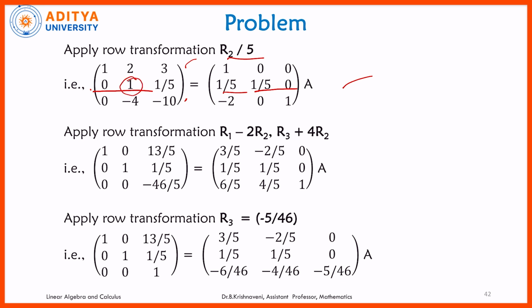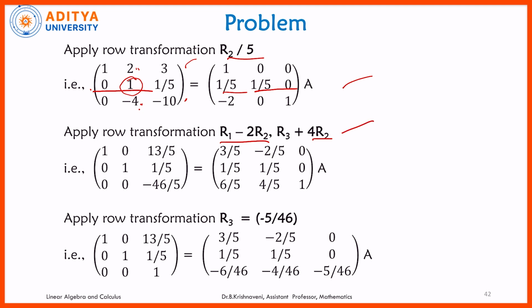So now fix this and make the element above as well as the elements below zeros using row operations. For that, what operations shall we use? R1 as R1 minus 2R2 and R3 as R3 plus 4R2.